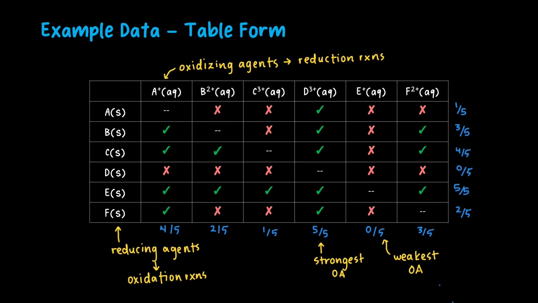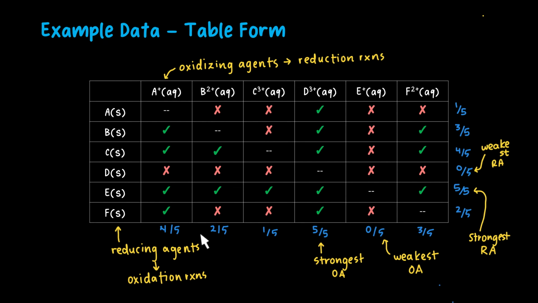So now we can do the same for reducing, and we see that our weakest reducing agent had no reactions. Running out of room here. Weakest reducing agent had no reactions, and our strongest reducing agent had 5 reactions. And we can see that our strongest oxidizing agent also corresponds to our weakest reducing agent.